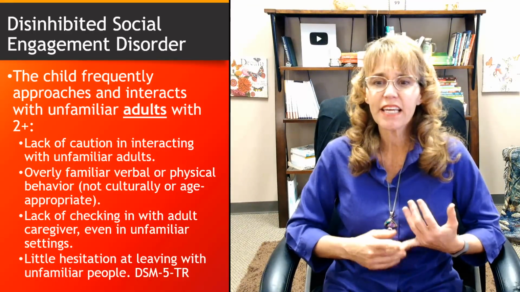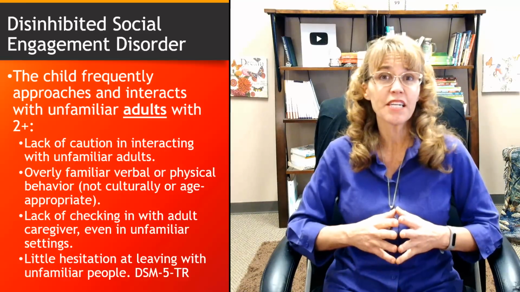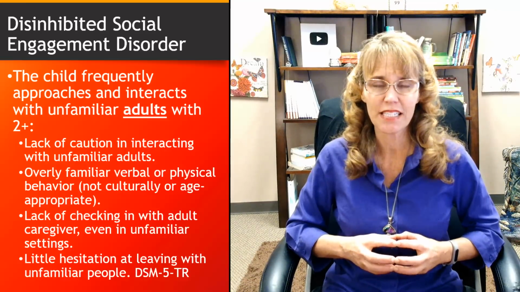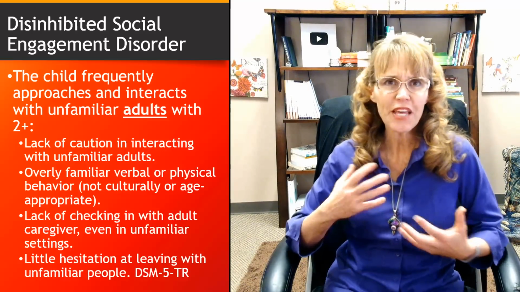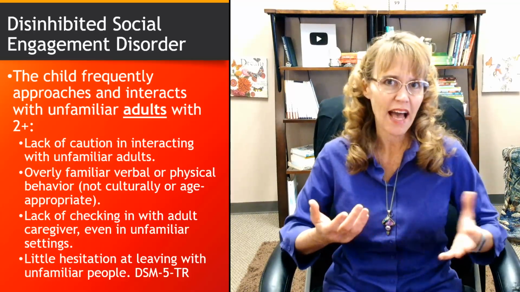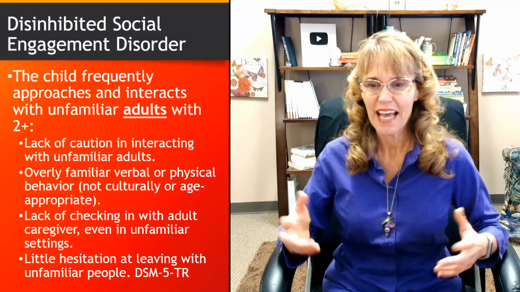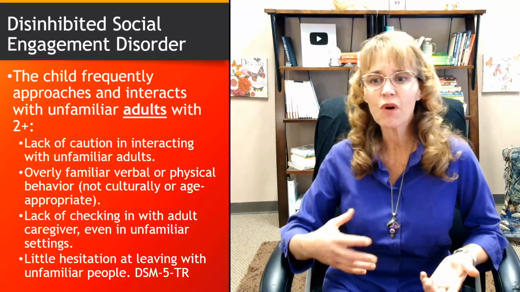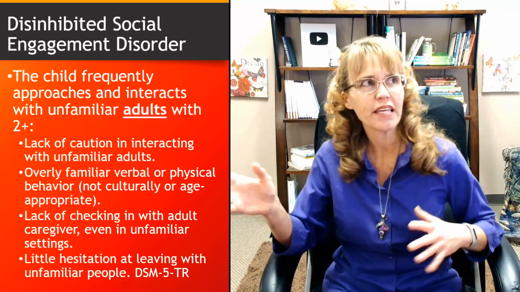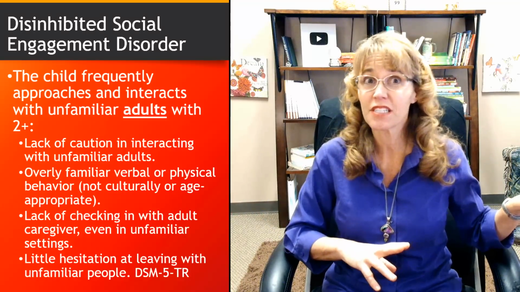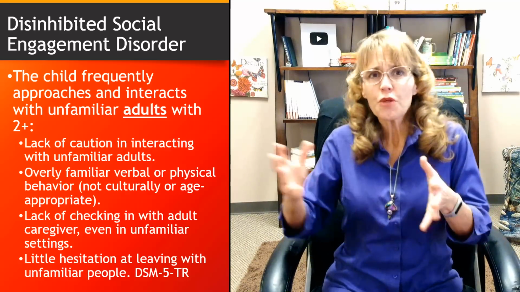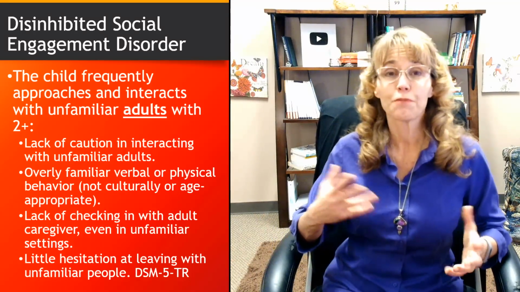Lack of checking in with their adult caregiver, even in unfamiliar situations. And think about children that you've known that have had reasonable attachment. In unfamiliar situations, they will often check back in, just to make sure that the caregiver is still there. Go to the playground and they're playing.